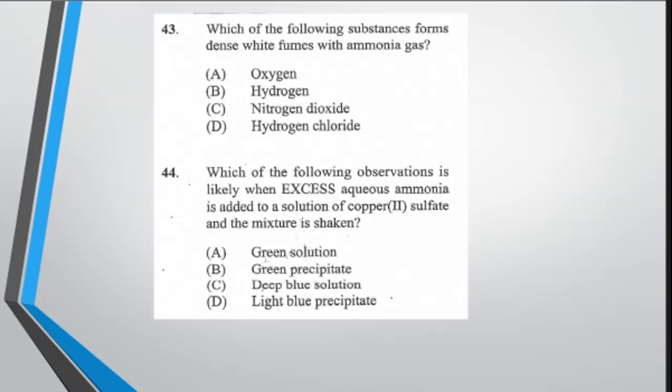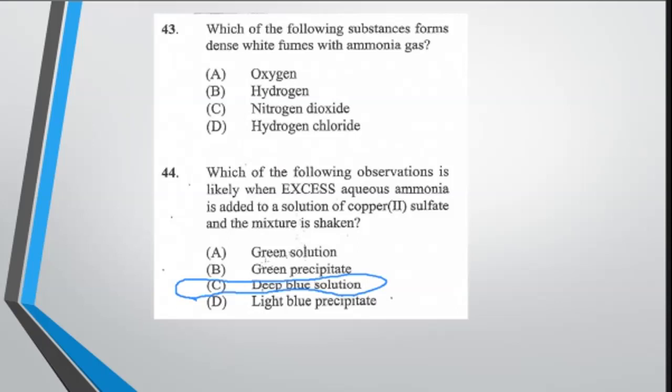And then when you react that with aqueous ammonia, it's supposed to give you a blue solution. They did not put in the first part in this question, but the second part they're saying is they reacted with aqueous ammonia in excess. So we expect to get a deep blue solution, right? A deep blue solution is what is expected.